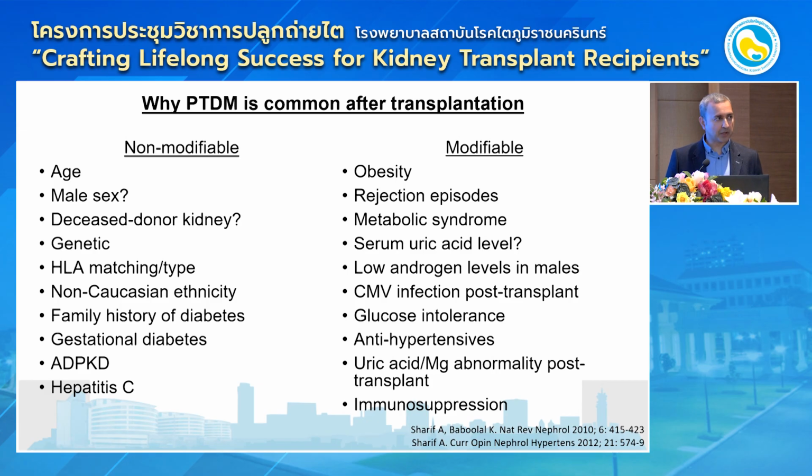But there's another way to look at this. You can focus on the generic risk factors, and then in red, the transplant-specific risk factors. Of all the risk factors, the biggest one facing our transplant candidates and patients is the impact of immune suppression, and I'll focus a little on that.